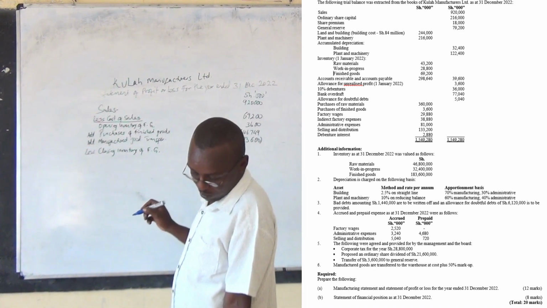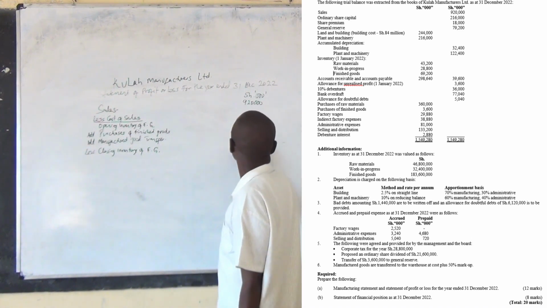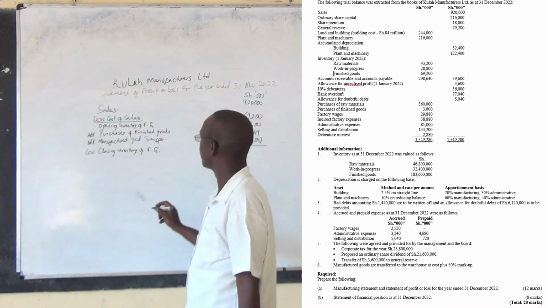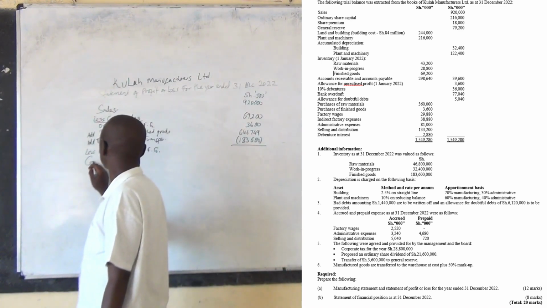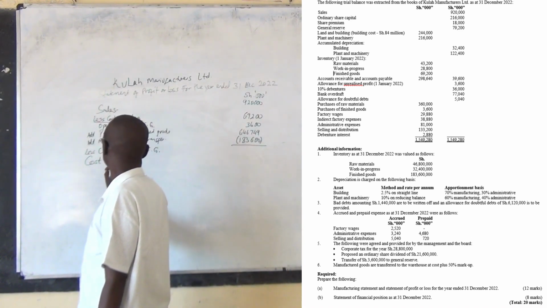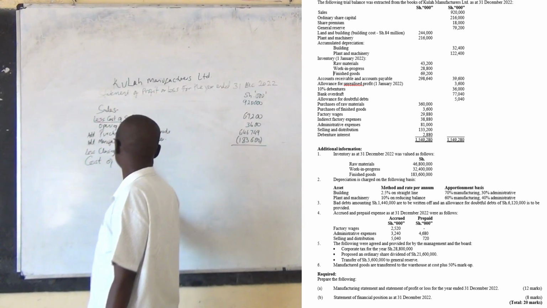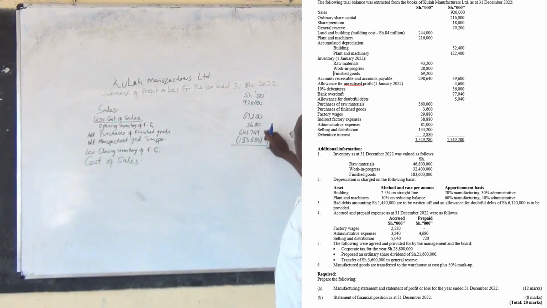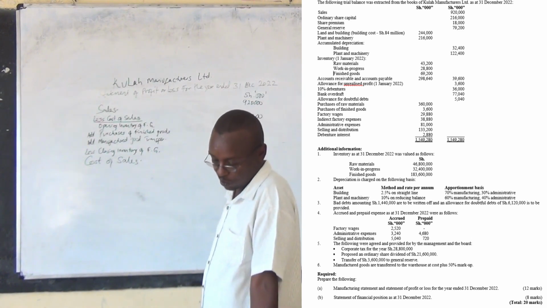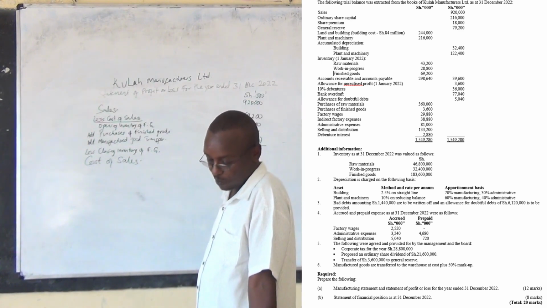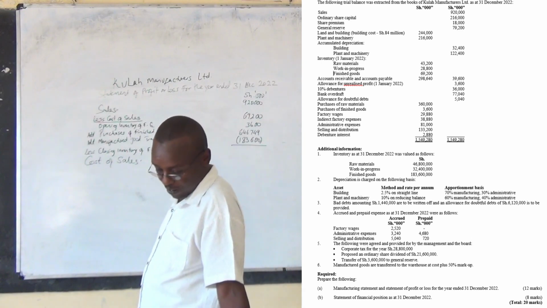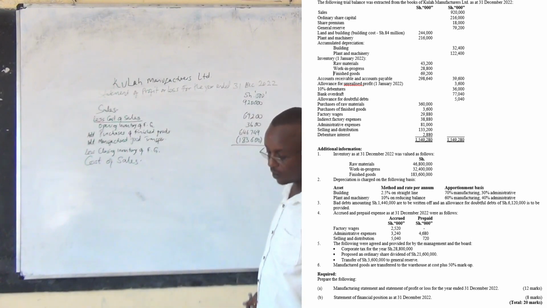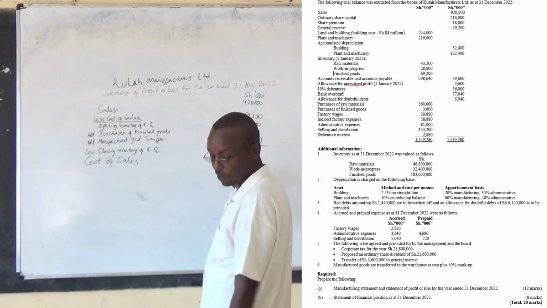So what you get here is cost of sales. So this one, add this, you less this to get the cost of sales, which I believe is 539,949.